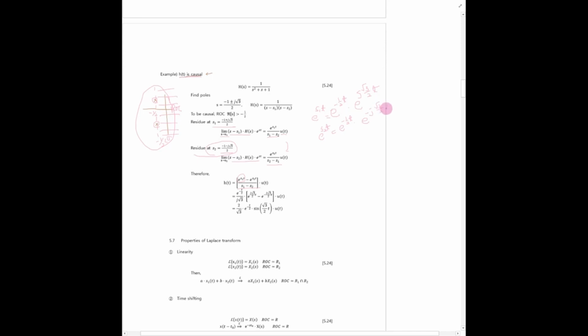Then by subtracting, e to the minus 1.5t is a common factor. That is this part. And then the imaginary part, e to the j square root 3 over 2 t, and its conjugate remain here.